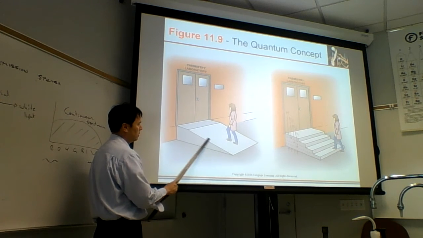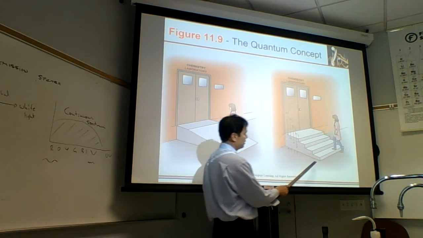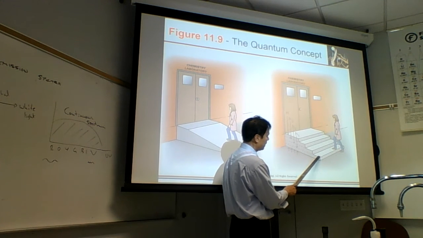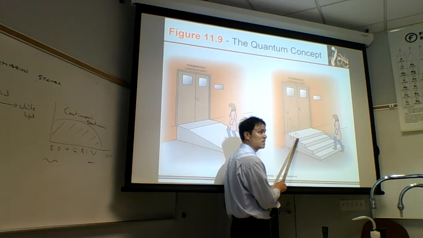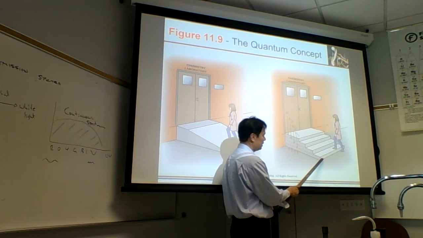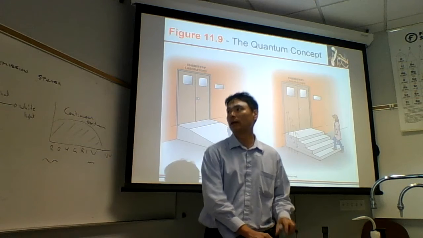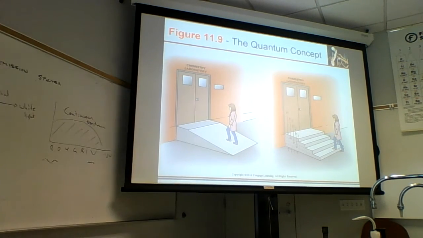And this would be a continuous spectrum of energies. Whereas this would be quantized. We can't have any height because of the steps. There are certain steps here, and any energy in between the steps is forbidden. And so that's what we got here, forbidden quantization of energies.